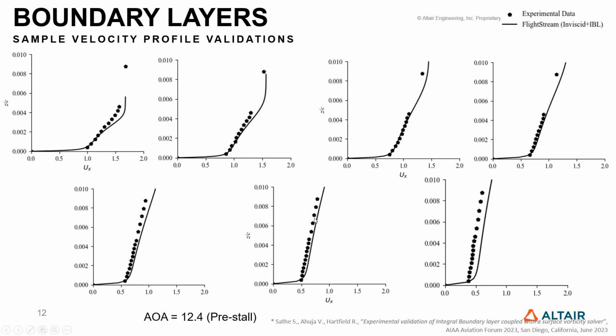You can go to the AIAA Aviation Forum and look for the particular paper given at the bottom, and later on you can also contact us. We will give you this documentation where you can see the nice correlation with the RANS tools. And the time taken is just minutes.